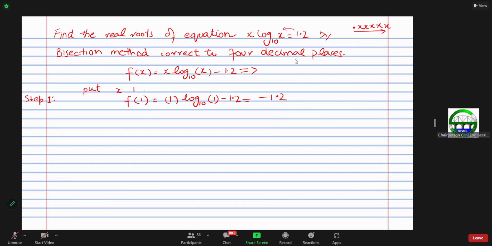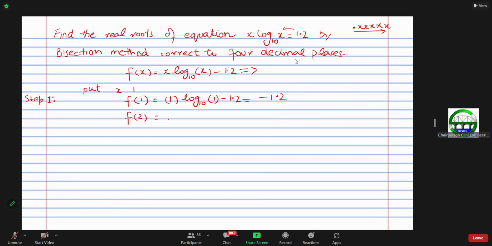In the first step, we're gonna check where f of x, our function, is changing its sign from positive to negative. So it is just by hit and trial method. Okay, it's just by hit and trial. So f of 1 is equal to log10 1 minus 1.2. So if I put f of 2, what is f of 2?